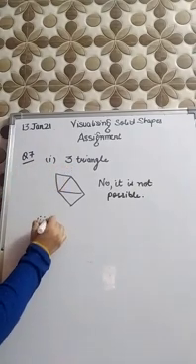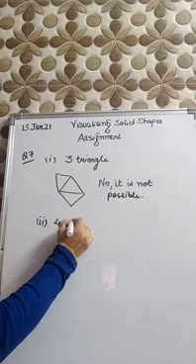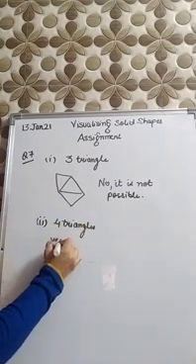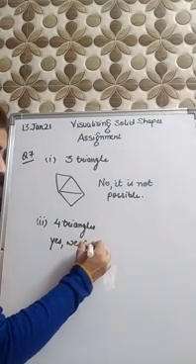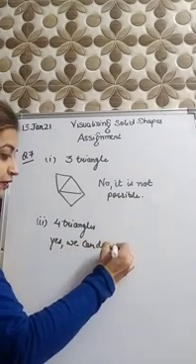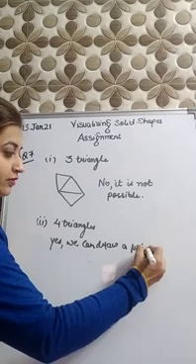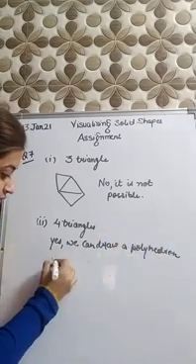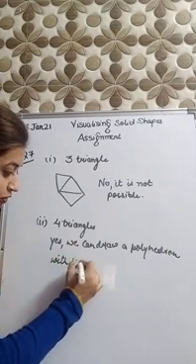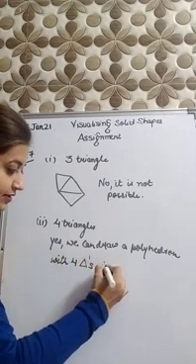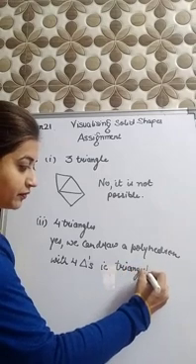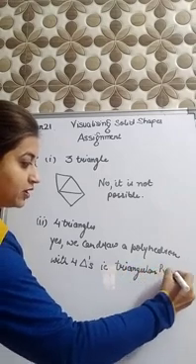Now the second part is it possible to draw a polyhedron with 4 triangles? So you can write, yes, we can draw a polyhedron with 4 triangles, that is triangular pyramid.